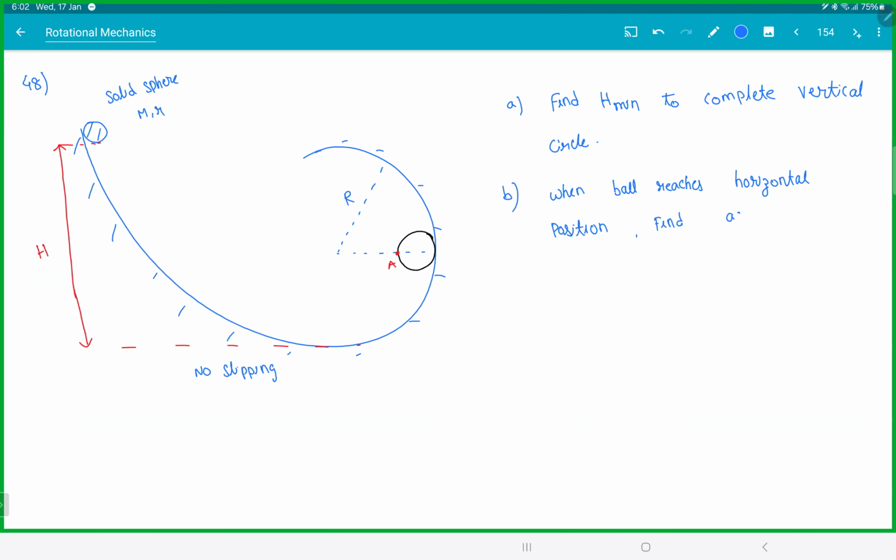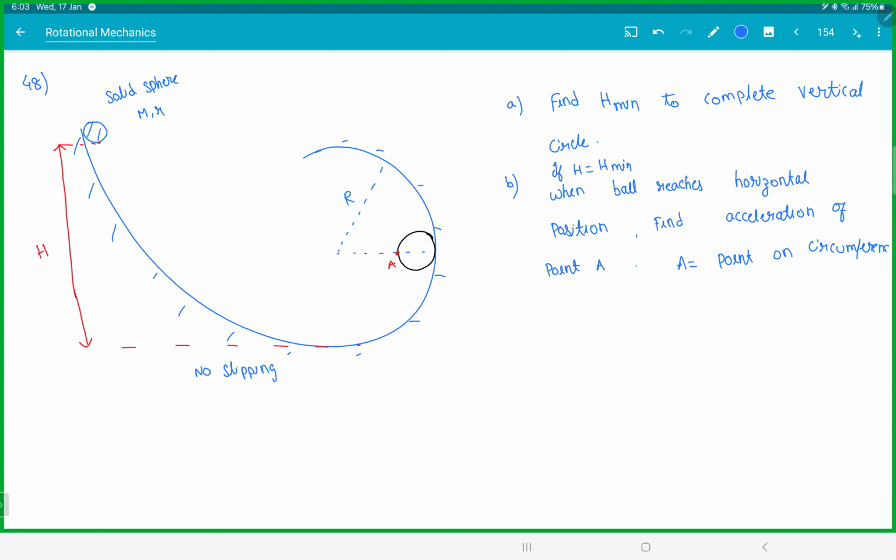Find acceleration of point A, where A is a point on the circumference. So this is the case if h is equal to h minimum. Let's get this.